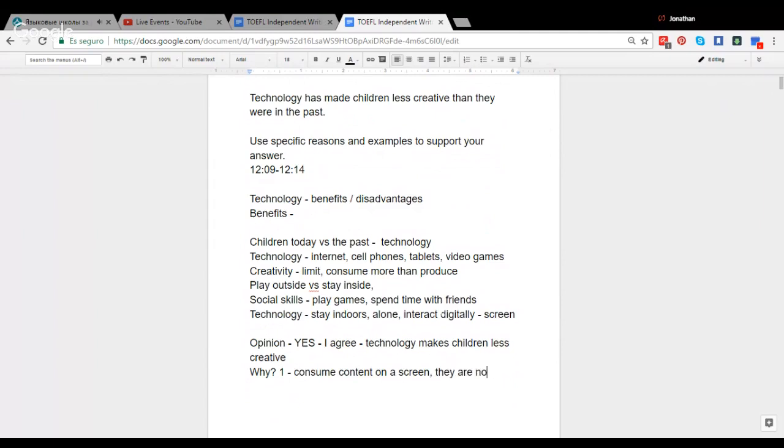They are not using their imagination, because if they consume information, that means they're not producing something. So they're not using their imagination to make up games or stories with their friends.